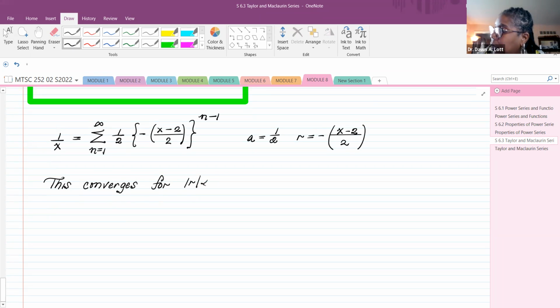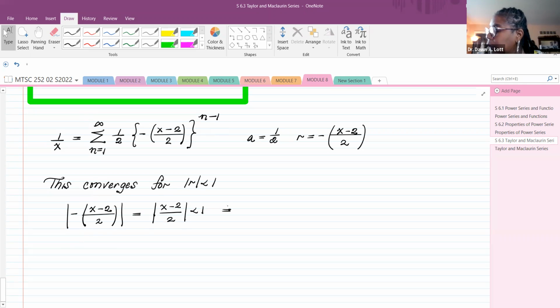When the absolute value of r is less than 1. So I get the absolute value of the opposite of x minus 2 over 2, which is just the absolute value of x minus 2 over 2 is less than 1.